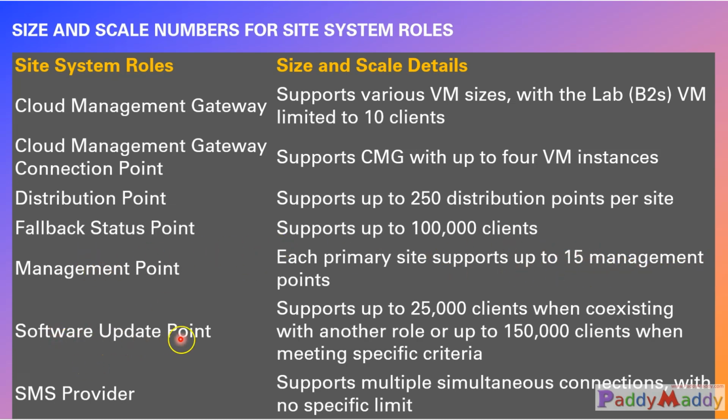The software update point can support up to 25,000 clients with coexistence with another role. Then it can go up to 150,000 clients only when meeting specific criteria. That again depends on the server, SQL, and NLB. All that comes into the picture for the software update point.